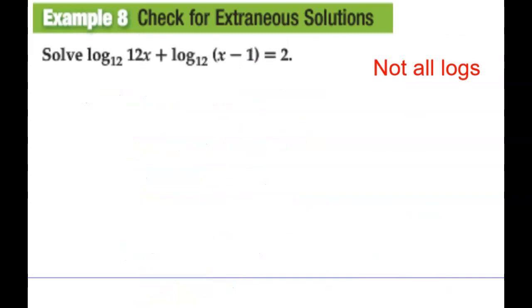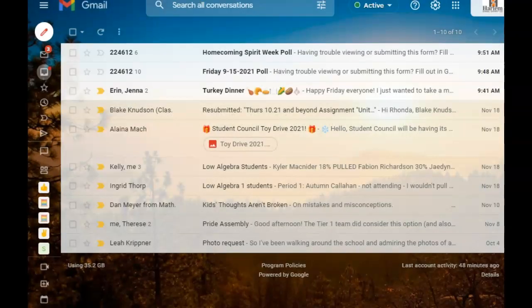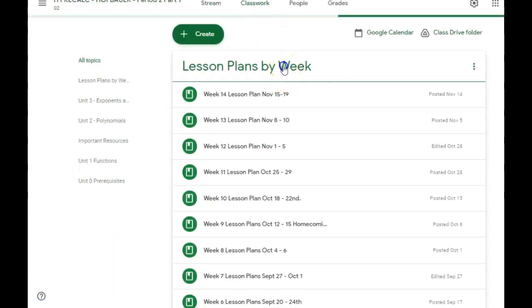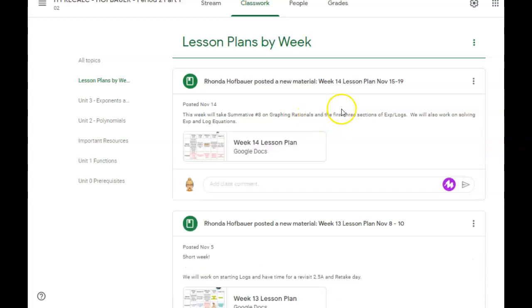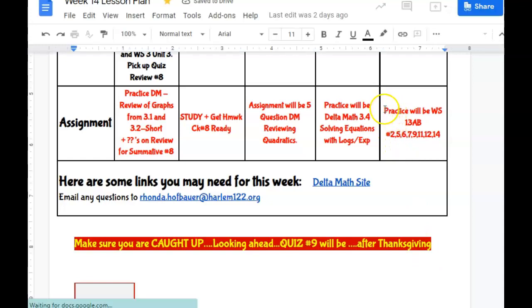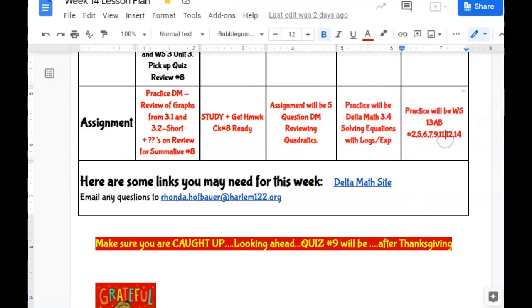So the assignment, I swear I put a slide together with this. Darn it. All right, I'm going to just pull it off the Google Classroom. It's a worksheet in your packet. It's worksheet 13, these 5 problems. Let me put it up on the screen.